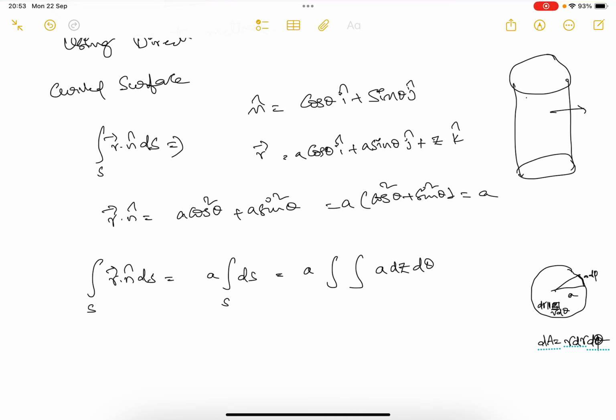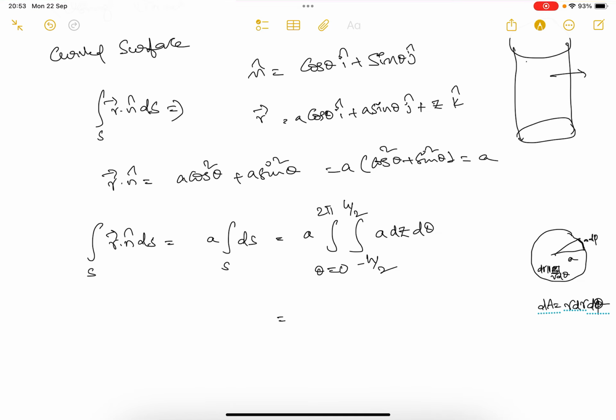So here theta is from 0 to 2 pi, and what about the height? z is from minus h by 2 to h by 2, right? This a will come out, which is a square, and the integral of d theta is theta, and if you substitute 2 pi minus 0, it's 2 pi.